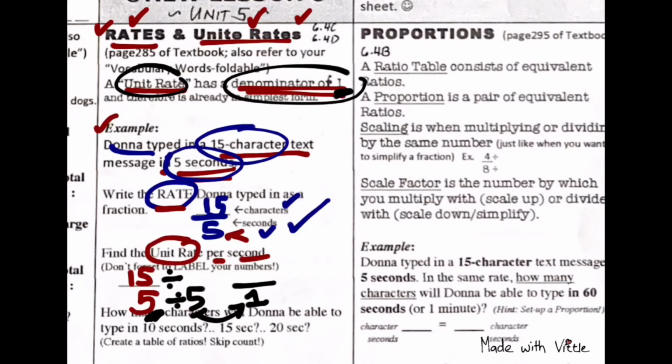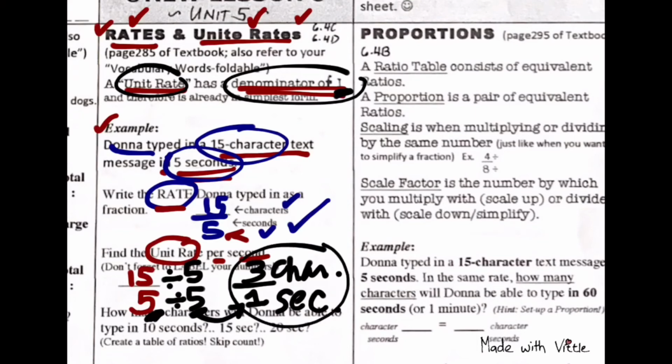So we use 5 as our factor here to divide both numbers. On top, you have to do the same thing. 15 divided by 5 is 3. So what does this mean? 3 characters is what she's able to type in 1 second. And this, having a 1 at the bottom, is what we call a unit rate.